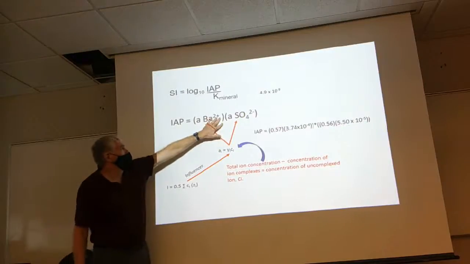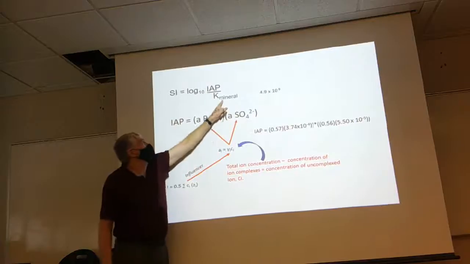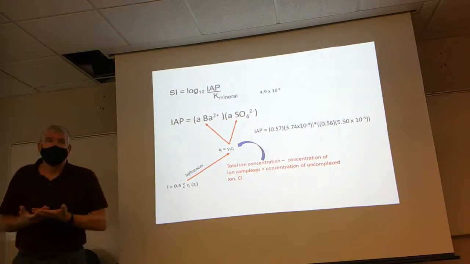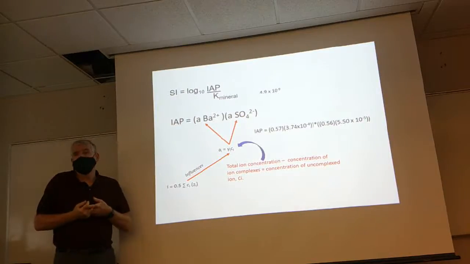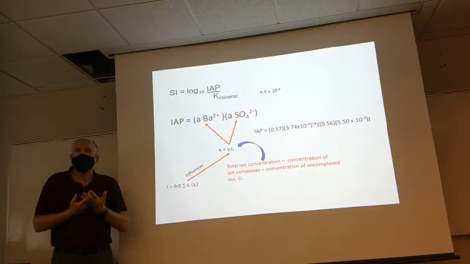Then what's next? Once we have that, we substitute it back in up here, and we divide this by that. See how it works? In this case, given the numbers that I gave you, once we take the log to the base 10 of that number, it comes out to 1.28.